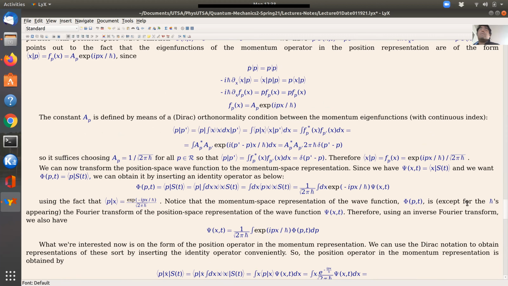To try to not lose ourselves in the forest, essentially the relation between position and momentum spaces is the one of Fourier spaces. So you can go between one and the other via a Fourier transform, which is exactly what we have here. If this is the first time you see it, maybe it's not evident, but if you have seen it before, you already know the story.